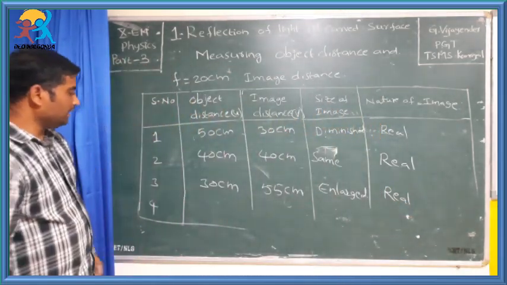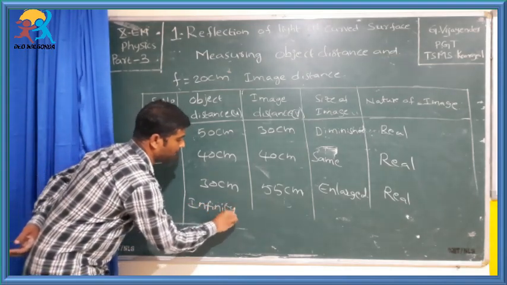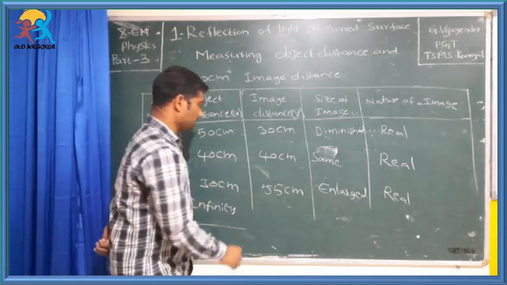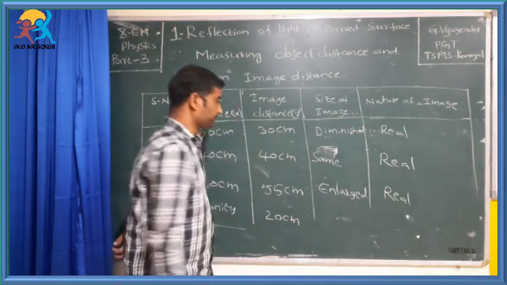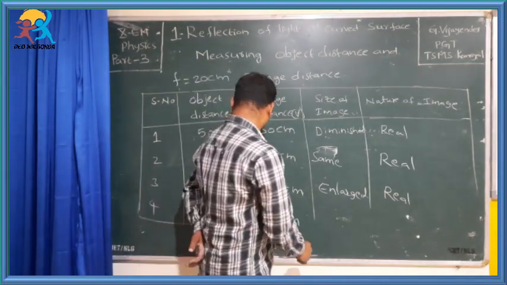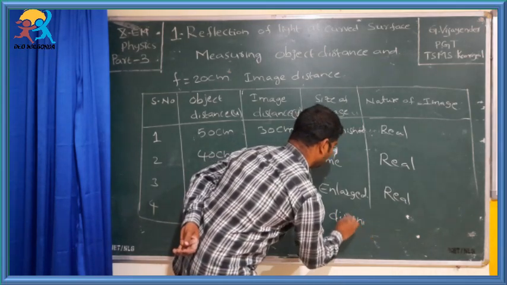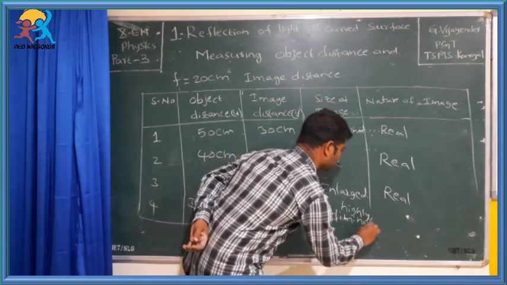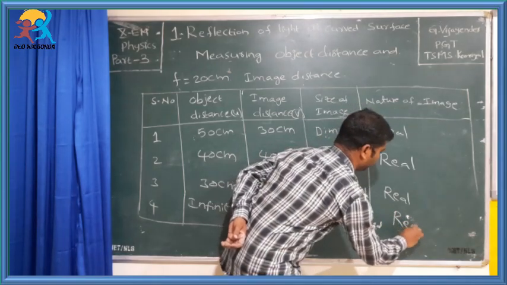If we take the object at infinity, the image is formed at the focus, that means the image distance is 20 centimeters, the size of the image is highly diminished, and the nature of the image is real.